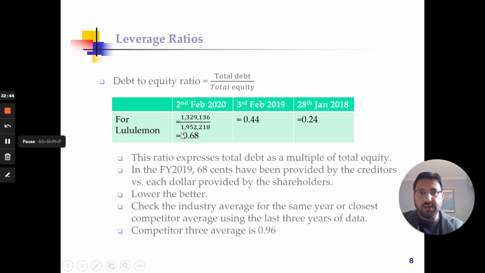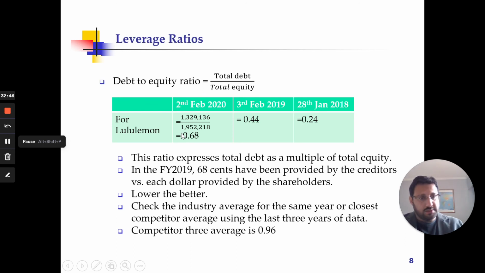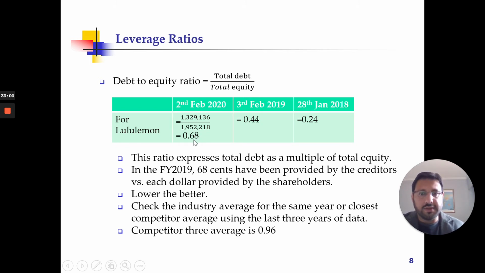Now, this is the second ratio under the heading of leverage ratio: the debt to equity ratio, and it's very simple. Simply take the total debt and divide it by the total equity. We can see that for every dollar of equity, the creditors provided 68 cents to Lululemon.